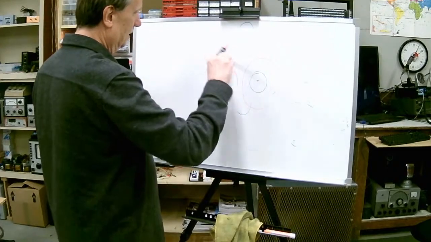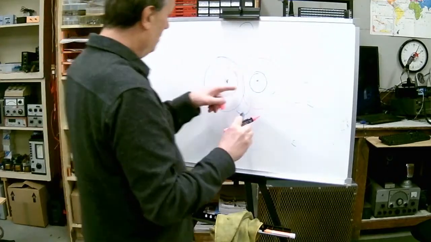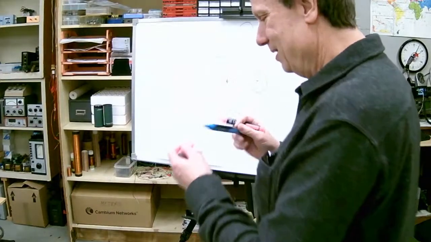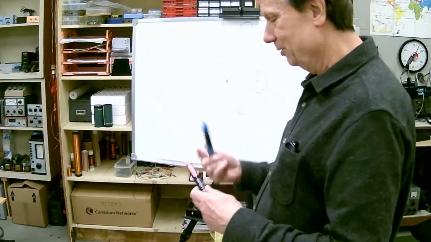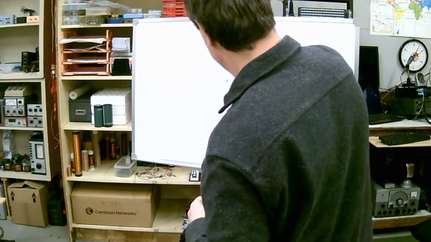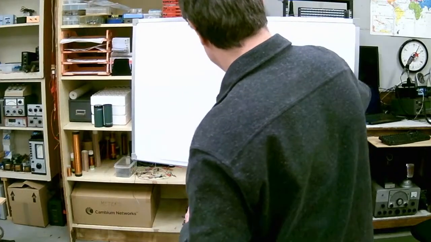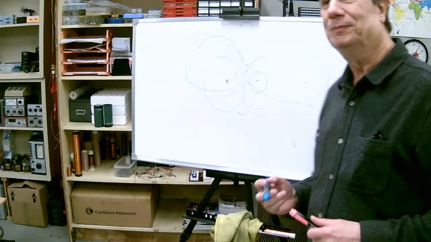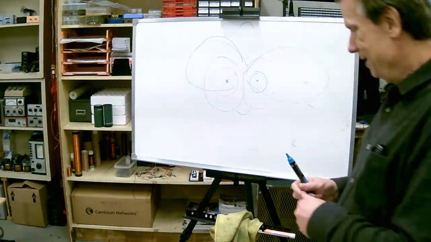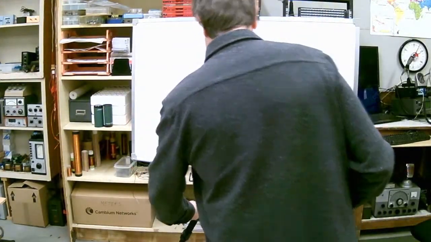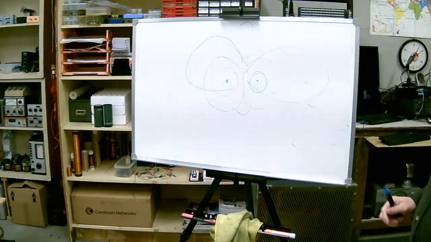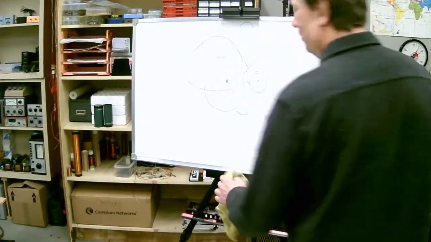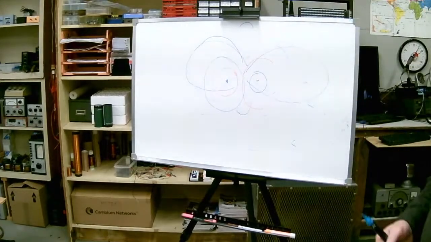If we look at where the troughs and the valleys overlap, we find there's going to be a null in this direction. We're going to have more radiation out the sides and a null in the middle. That's if they're 180 degrees out of phase, because they're canceling each other, just like two waves canceling each other.